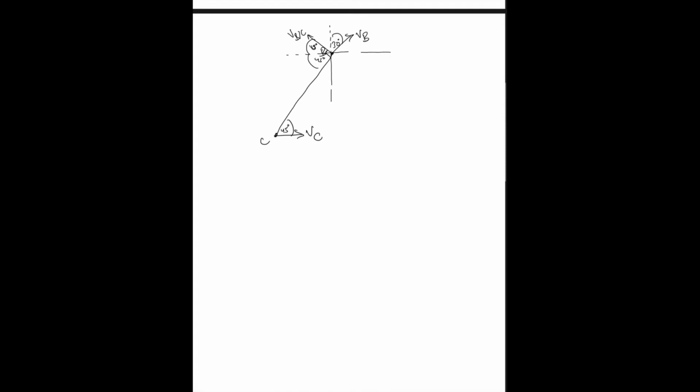So after we've drawn the free body diagram, now we can use our relative velocity equations to know that VB, the velocity of B, is equal to the velocity of C plus the velocity of B with respect to C. And now we're going to convert that to angular motion relations.